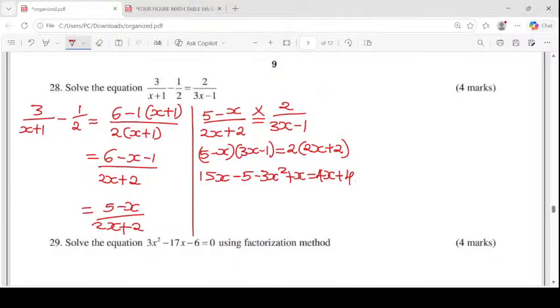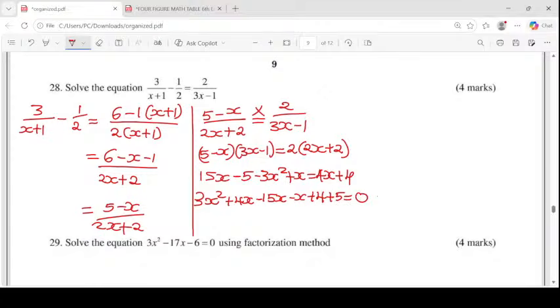Collecting the like terms, I want to shift everything to the left hand side. I'll have there 3x squared plus 4x minus 15x minus x, then plus 4 plus 5 is equal to 0.